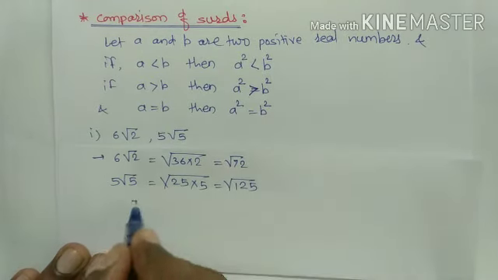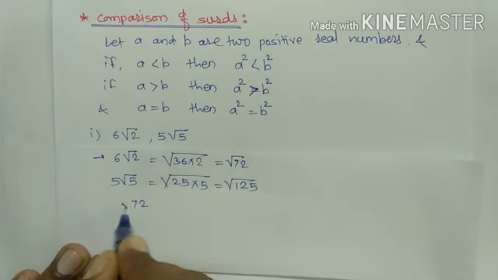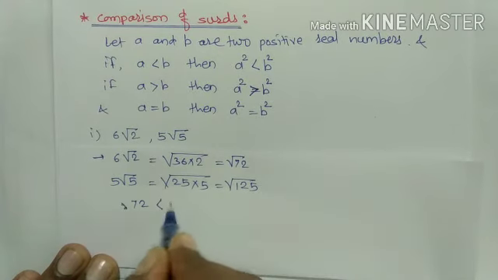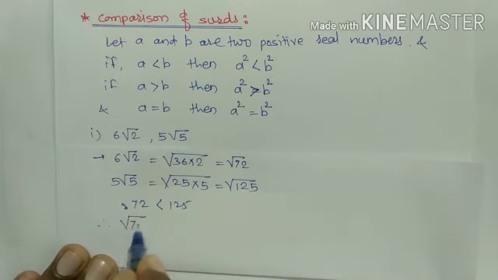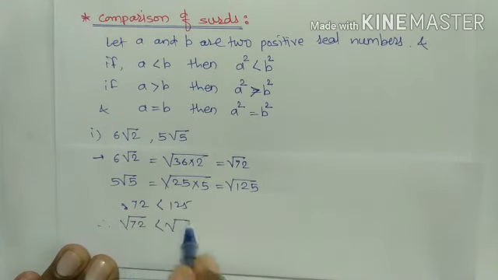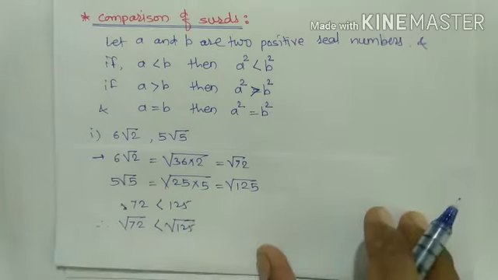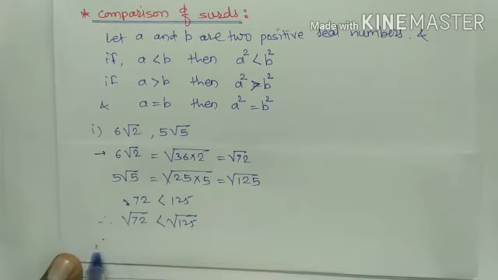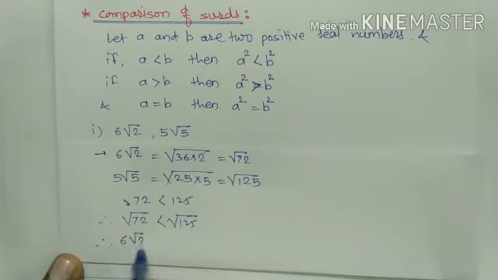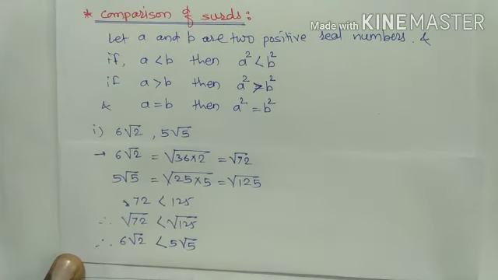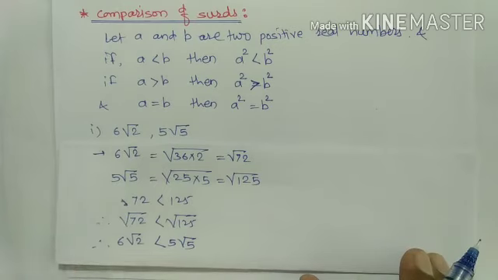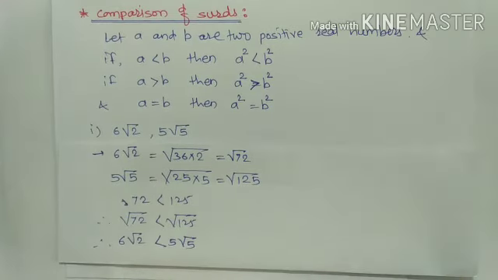Here 72 is less than 125. Therefore, root 72 is less than root 125. But root 72 equals 6 root 2. Therefore, 6 root 2 is less than 5 root 5. In this way, we can compare the given two surds.